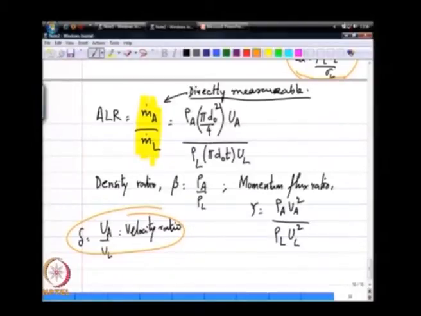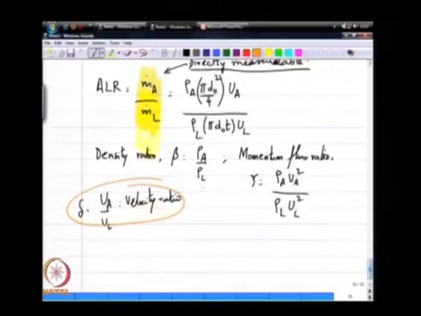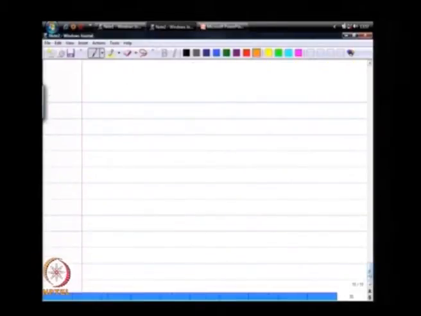So, this velocity ratio would not be an independent pi group, but beta, gamma and the air to liquid ratio are all independent pi groups. So, how do I relate this to performance? We will take a couple of examples of correlations.